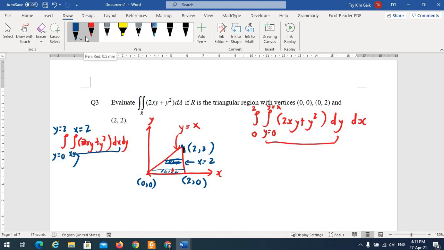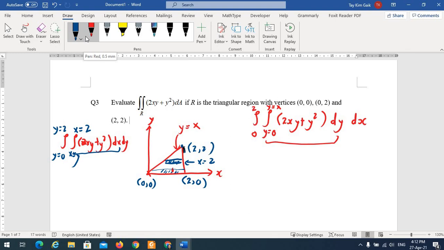If you use dy dx, the limit is 0 to x for dy, and dx goes from 0 to 2. You can see in this case it's not like you are changing variables. If you change variables, normally you have a circle area. With dy dx, you form a vertical bar; the bottom of the vertical bar is the lower limit and the top is the upper limit.